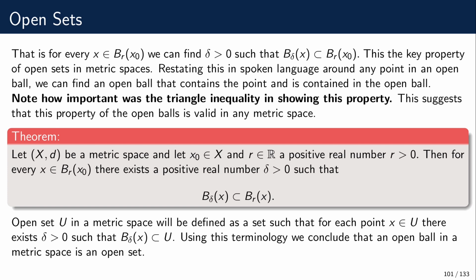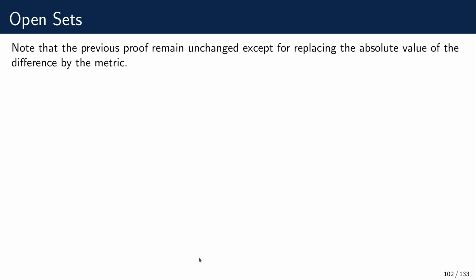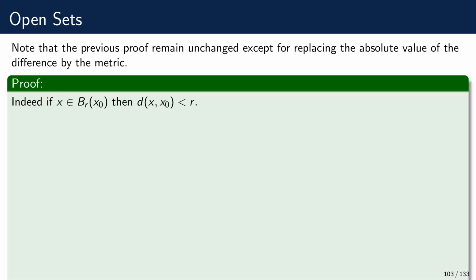Using this terminology, this theorem says that open balls are open sets, right? That often happens in mathematics. As I've mentioned, the previous proof remains unchanged except for changing the metric. So indeed, suppose that we take, here we don't have a typo, any point x in the ball with radius r around x0.